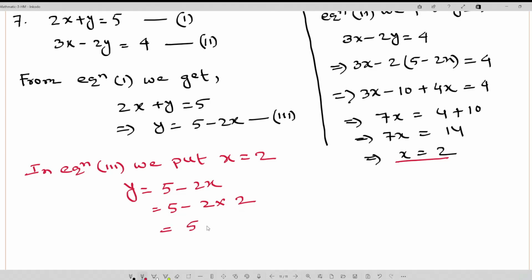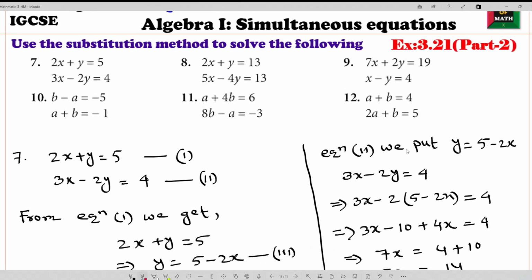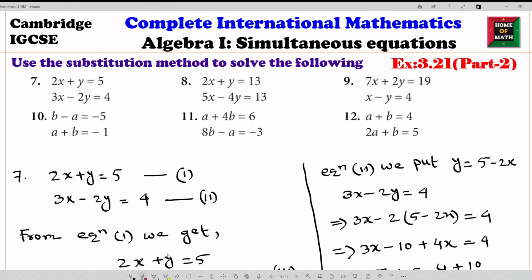So 5 minus 4 equals 1. So the answer is x equals 2 and y equals 1. Okay, clear? Hope you understand. This is very easy math, but we have to complete everything step by step. So number 7 done.